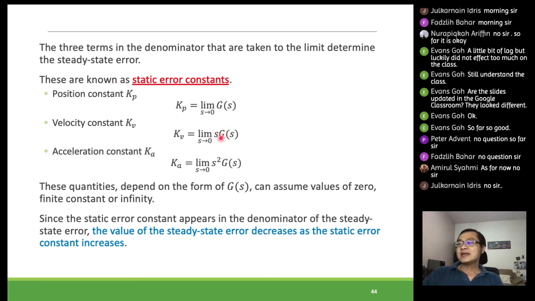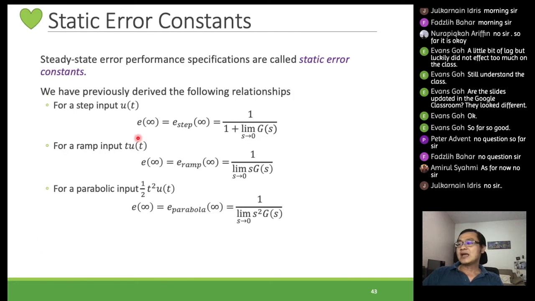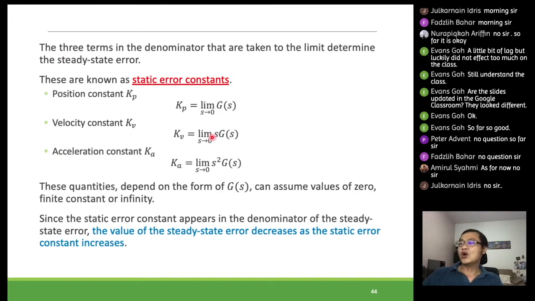When we add an s to the front, this would be related to the ramp input, right? That would give us a zero or a finite steady state error. So we will call this a velocity constant.